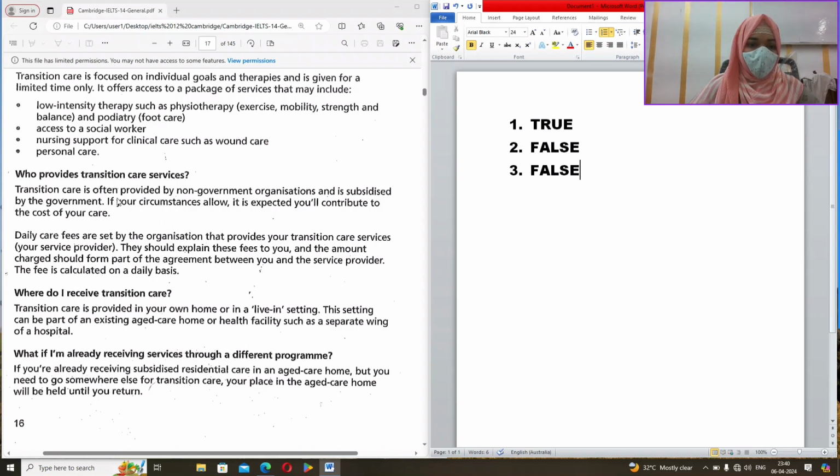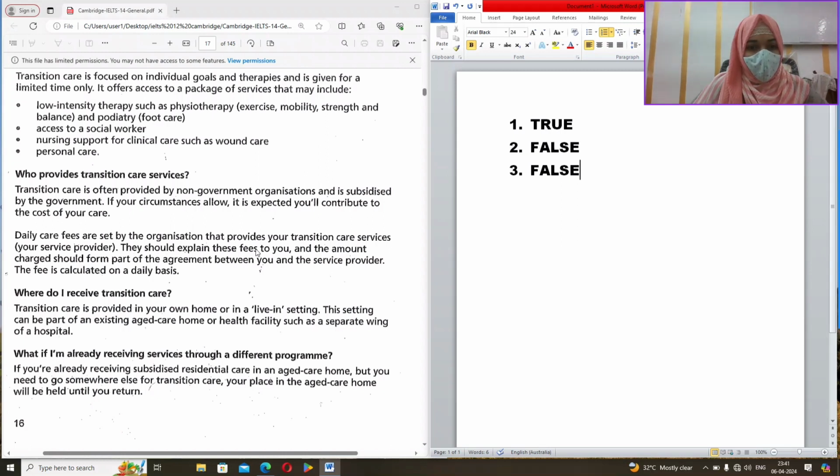If your circumstances allow it, meaning those who are rich, you have to pay. If you are poor, then obviously government is paying on behalf of you. Daily care fees are set by the organization that provides your transition care services, your service provider.